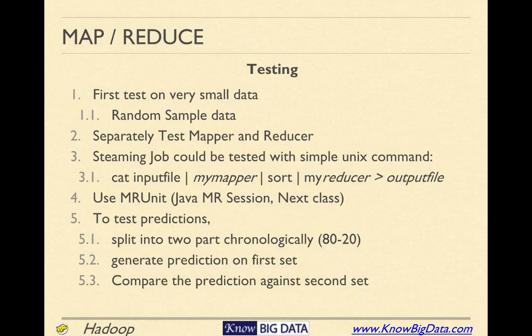I was able to test my MapReduce job without having to bother the cluster. I was able to test everything offline without having to install Hadoop on my local machine, all my scripts, by using this kind of strategy.